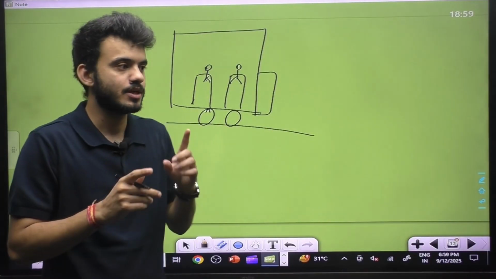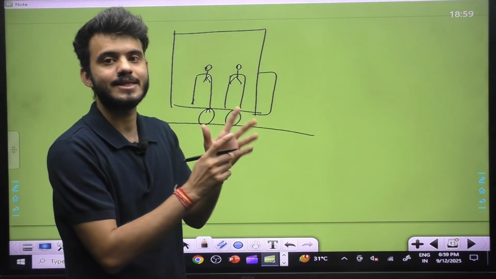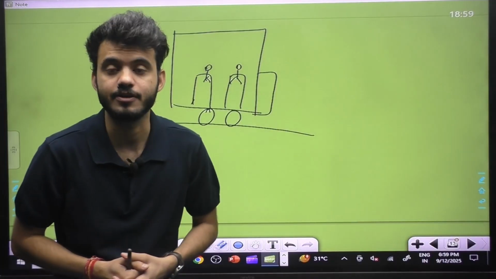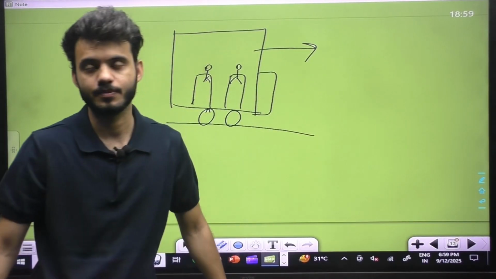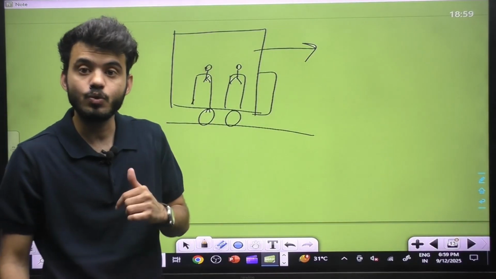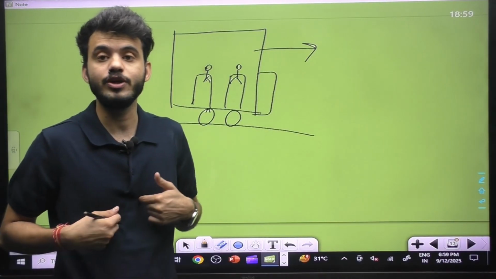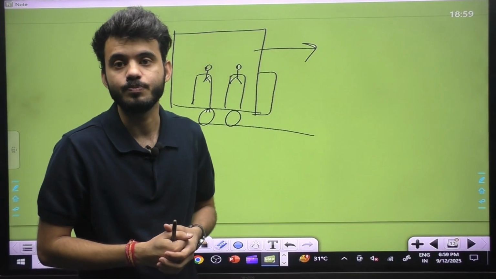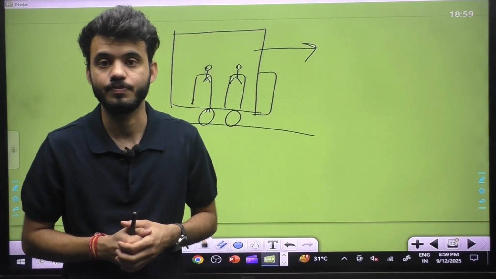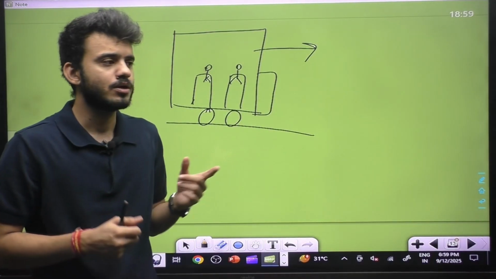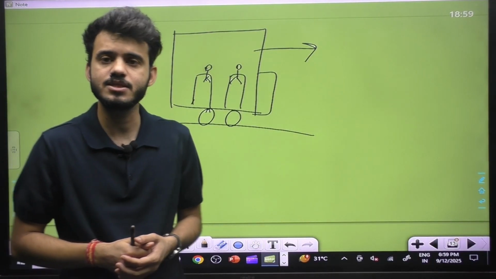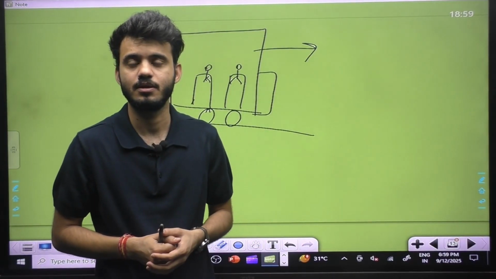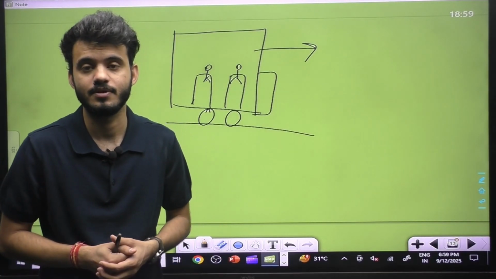You just need to look in front of you, and there's just this fellow passenger sitting in front of you. And if the bus is moving, then if you want to check that you're moving, you're just looking in front of you, there's a passenger sitting in front of you. But you clearly observe that the passenger is not moving. The passenger is at rest.